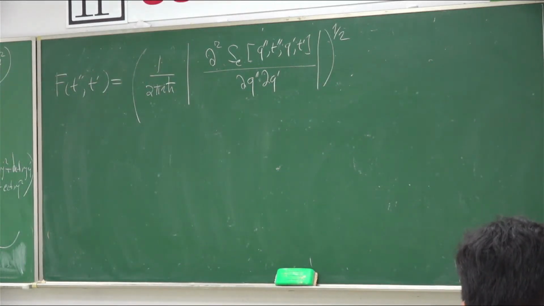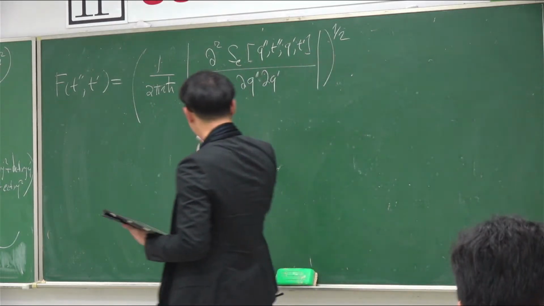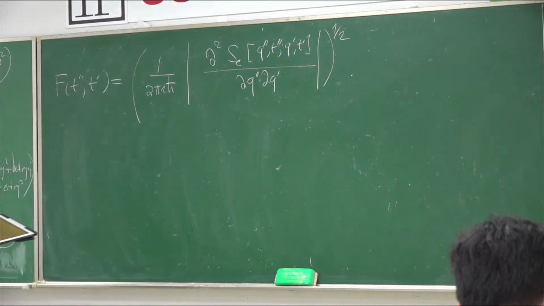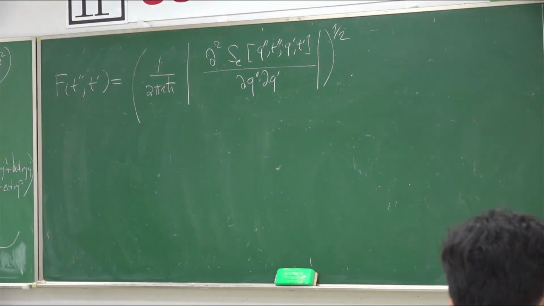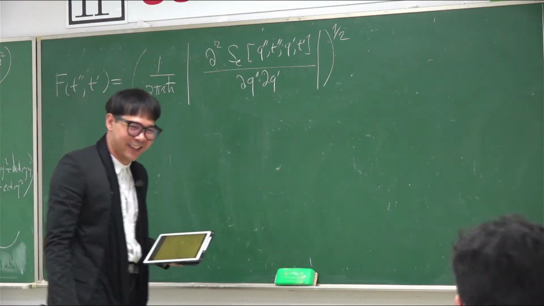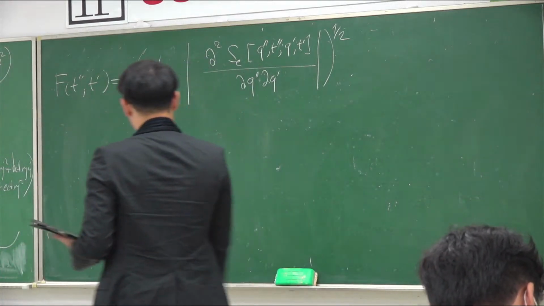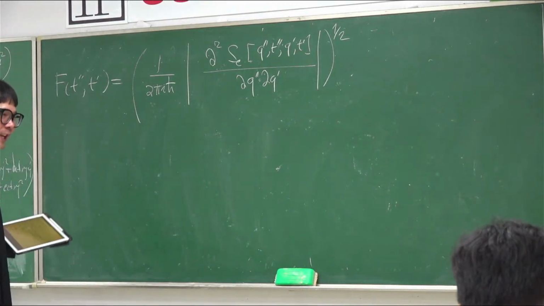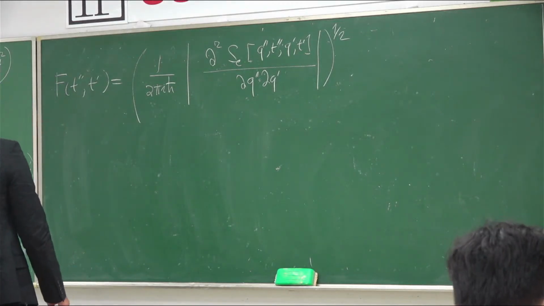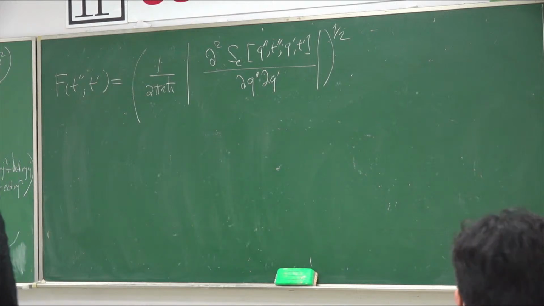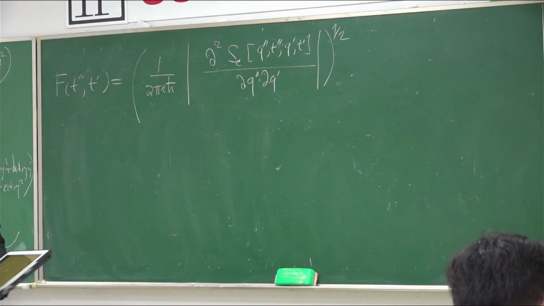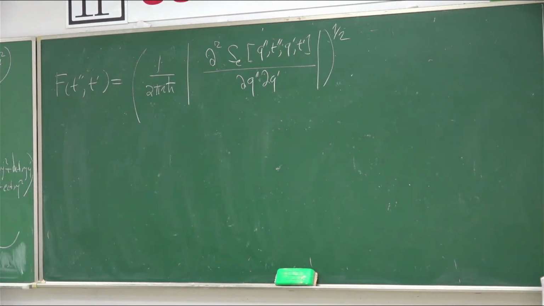The textbook actually gives a very nice way to derive this big factor. You can have a look if you want the calculation. Anyway, that's it. So now we have a propagator in operator form.